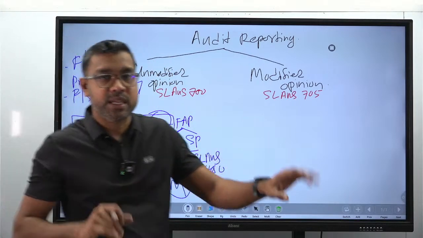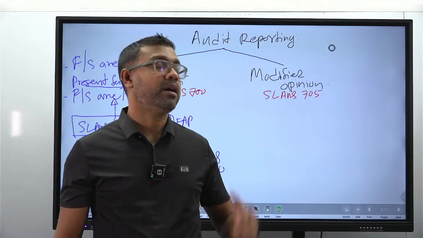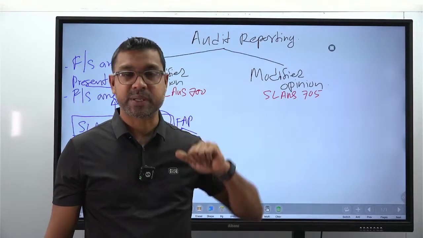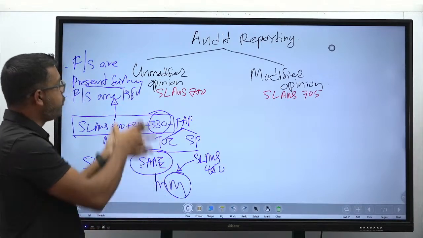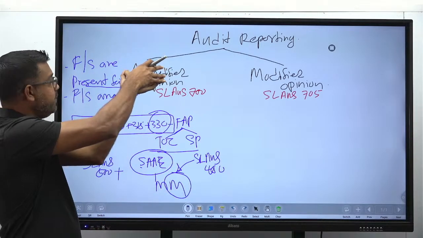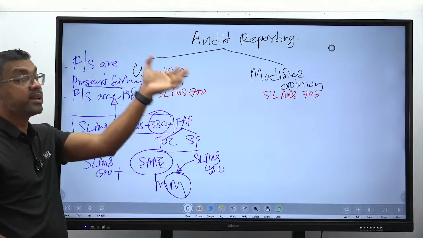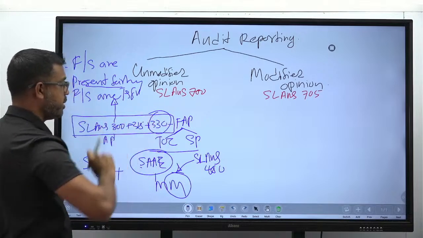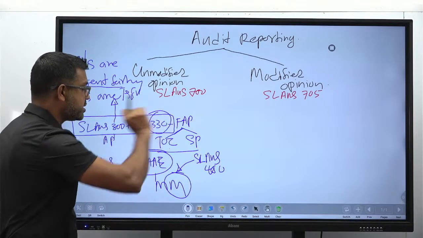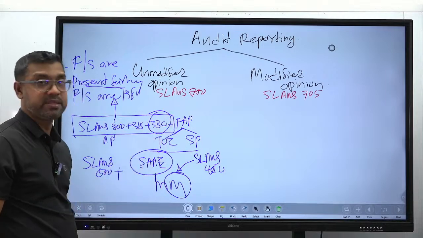It's a journey. When you wake up in the morning, you can't say this client's audit report is presented fairly. No, you can't do it. This is the journey of expressing an unmodified opinion, saying financial statements are presented fairly. What is the journey? You have to plan your audit properly. Then you follow the key standards starting with the 300 series.